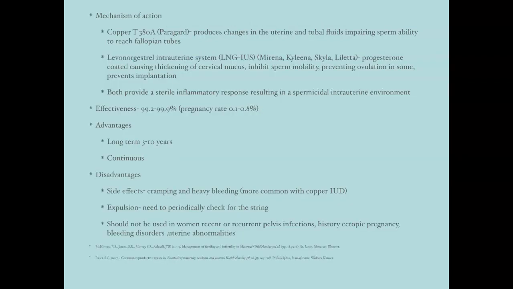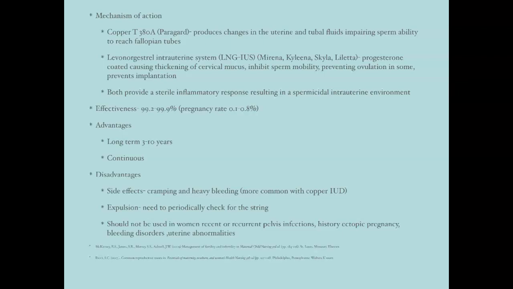Mechanisms of action: copper T, or copper T 380A, also known by the trade name Paragard, produces changes in the uterine and tubal fluids, impairing sperm ability to reach the fallopian tubes. And then your levonorgestrel intrauterine system.